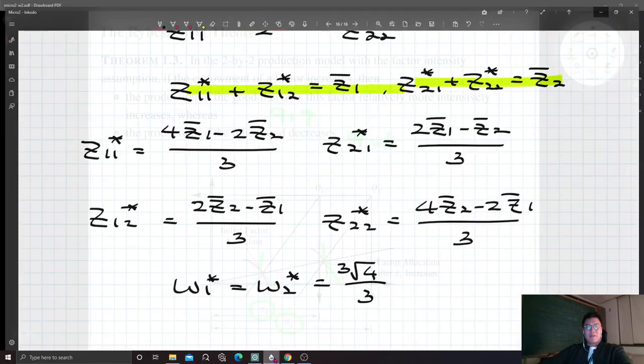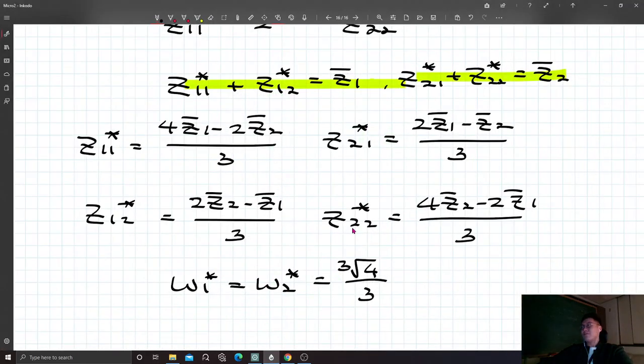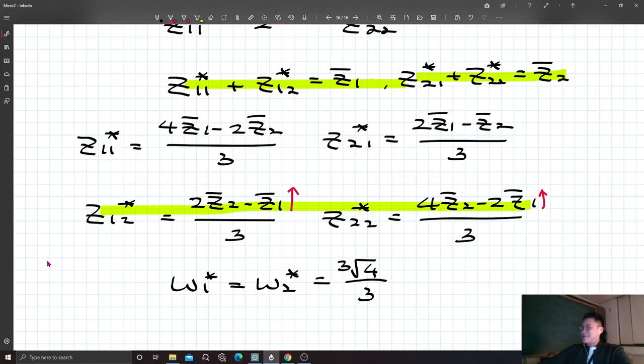But going back to the previous exercise, the 2x2 production economy with Cobb-Douglas, we have an expression for the equilibrium factor allocation for firm 2 right here, right? And think about Z1 bar increasing, okay? Then Z22 and Z12 both decrease. Okay, so firm 2 employs less input than before, so it produces less.